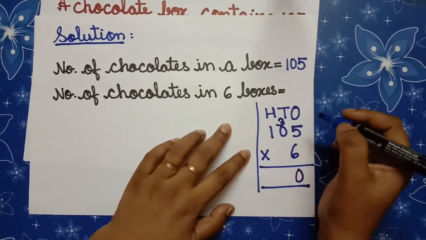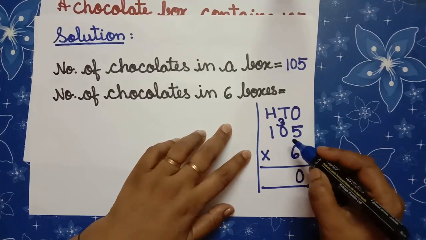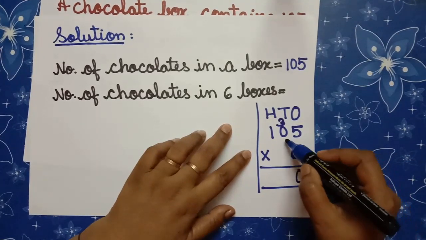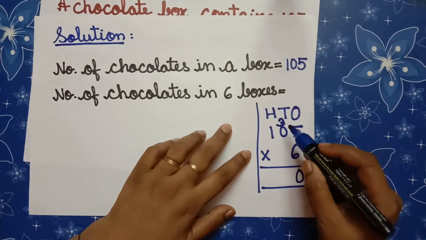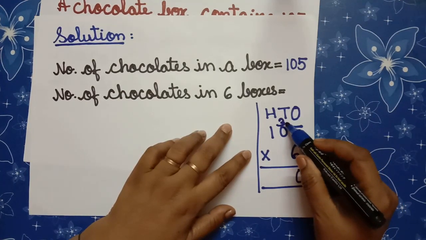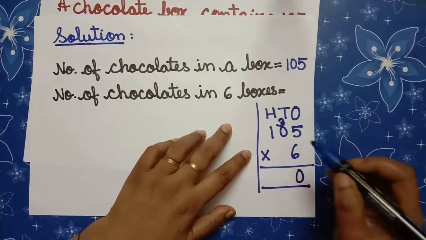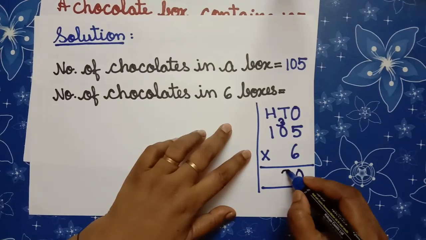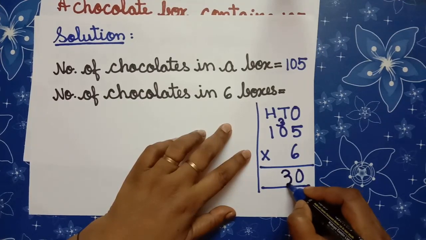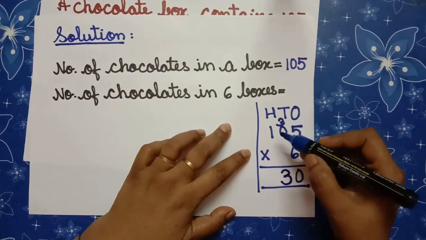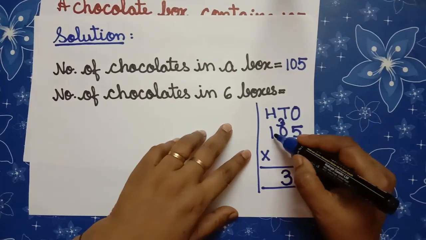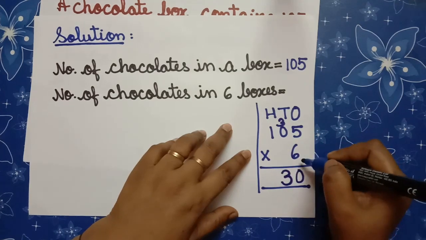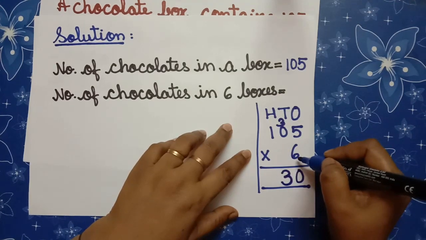Then you multiply the tens column. 0 sixes are 0. And you have to add the carried over number. What is the carried over number? 3. So you will write 3 below the tens column. Now you will multiply the hundreds column. 1 hundred multiplied by 6 is how much? 6.